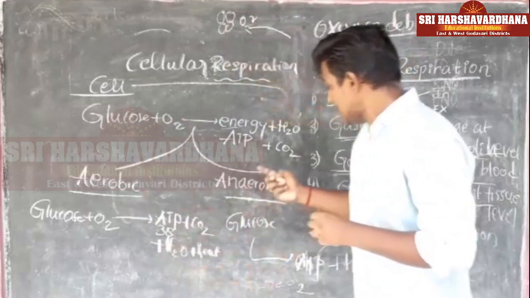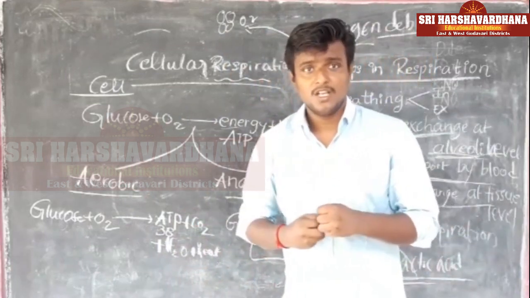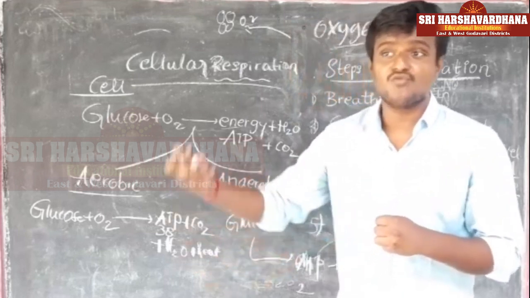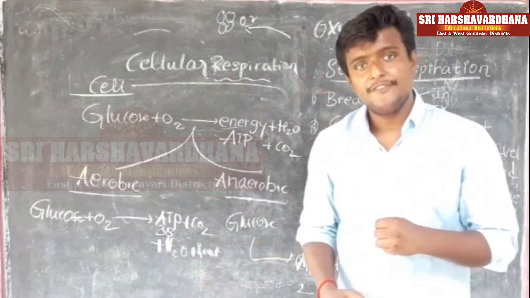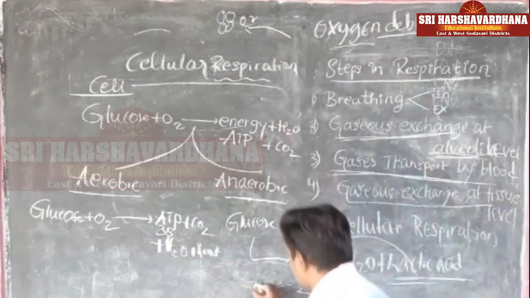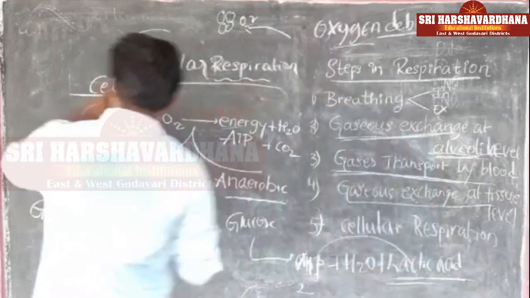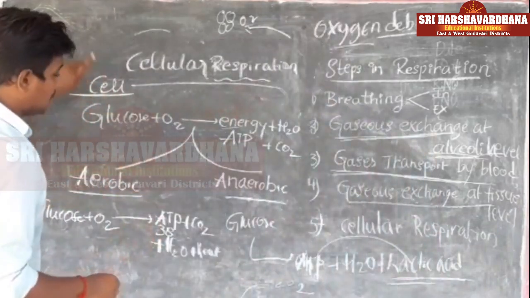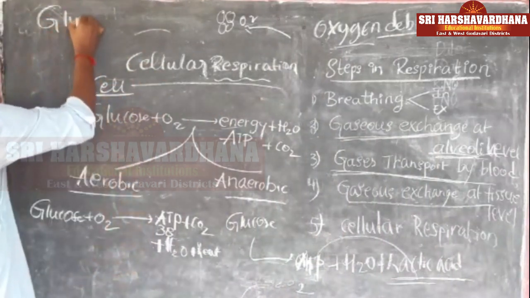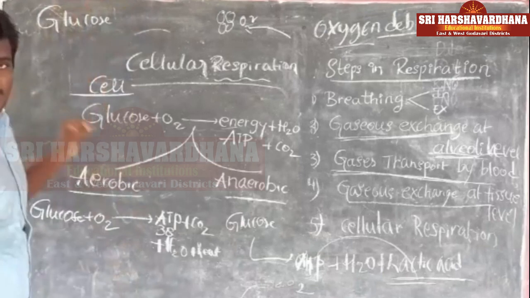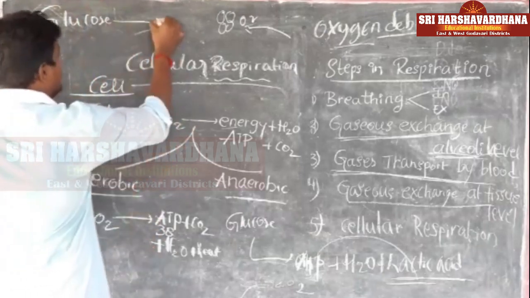So anaerobic respiration is done in microbes also. If the anaerobic respiration process is done in microbes, we call that process fermentation. Let me write here how anaerobic respiration is done in microbes. In microbes we can see glucose, and when that glucose reacts without oxygen, it liberates energy.